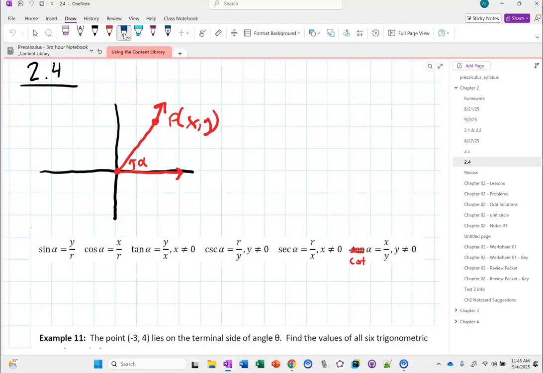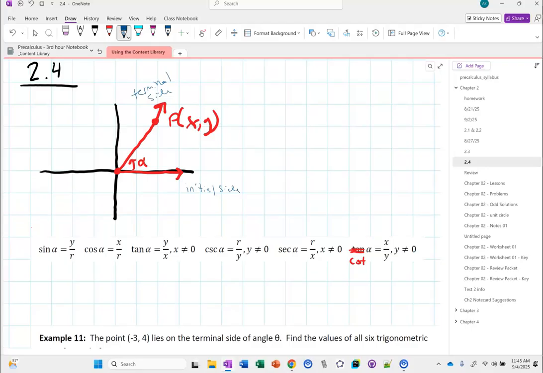So remember, when we talk about our standard position angle, we have the initial side that's fixed on the positive x-axis, and we have the terminal side on the other arm of our angle, right?